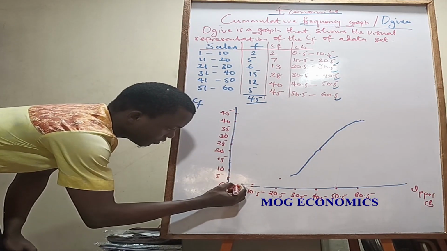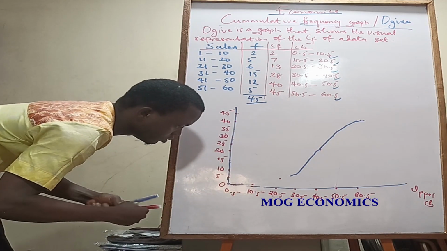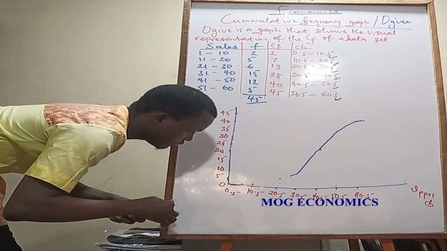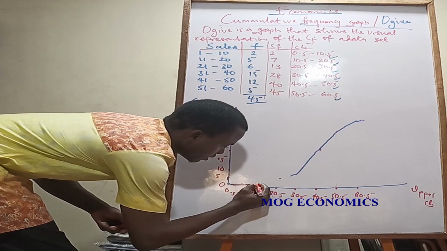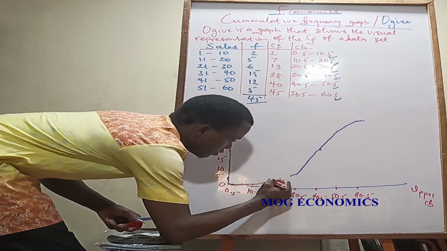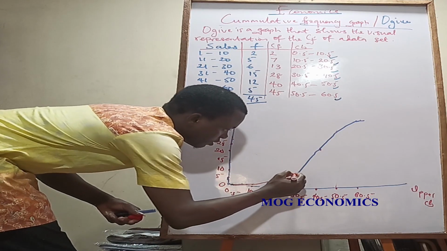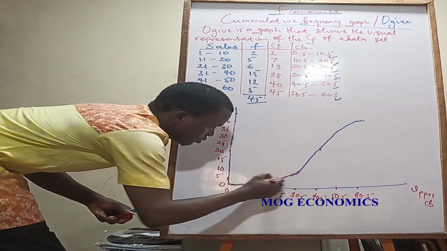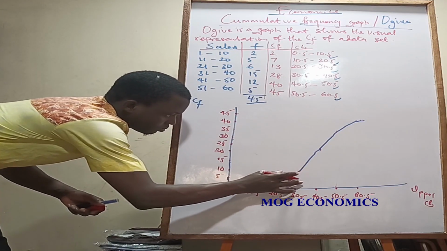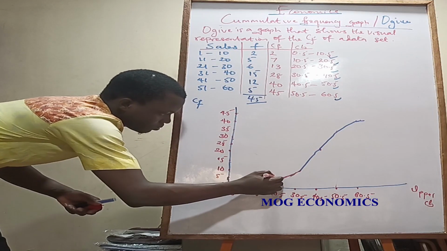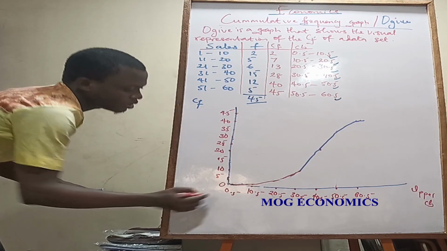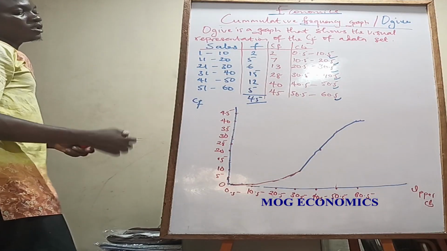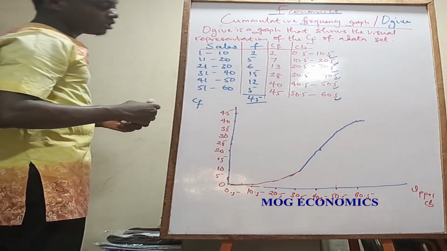I'll use red, a lighter marker. First, you start from the horizontal axis.